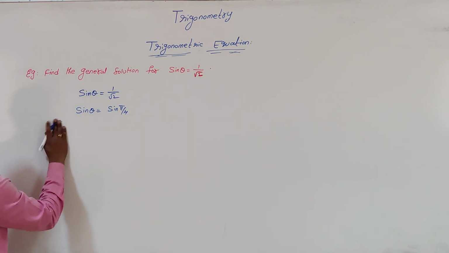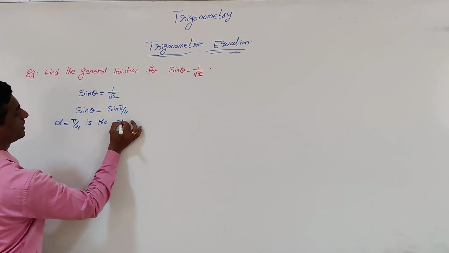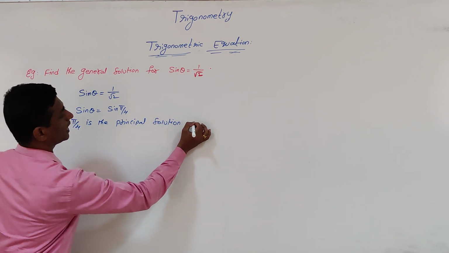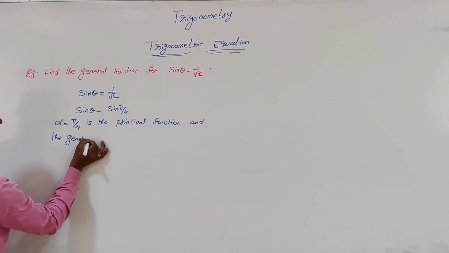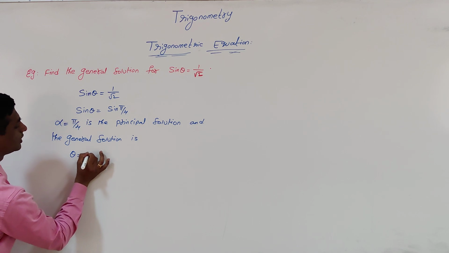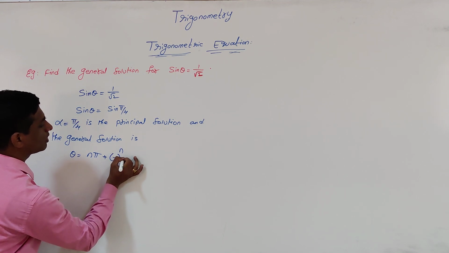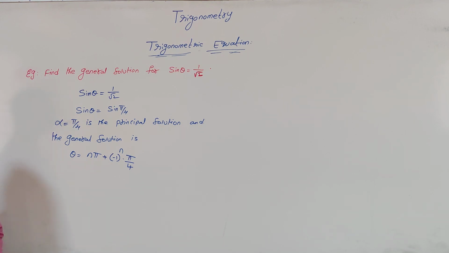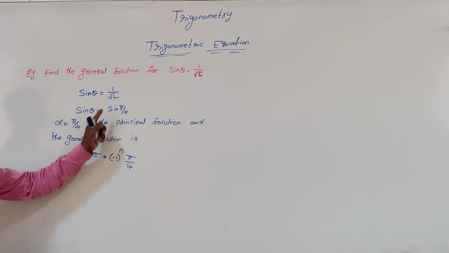So alpha is equal to pi by 4 is the principal solution, and the general solution is theta is equal to n pi plus minus 1 whole to the power of n into alpha. What is alpha? It is pi by 4. If you put n is equal to 0, 0 into pi plus minus 1 whole to the power of 0 into pi by 4, that is pi by 4, which gets satisfied.